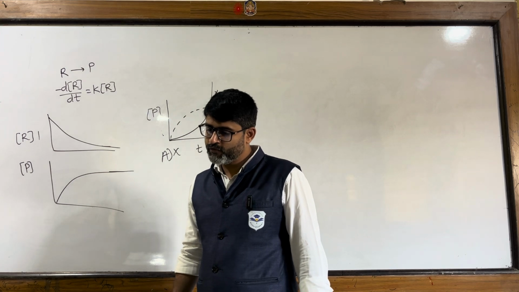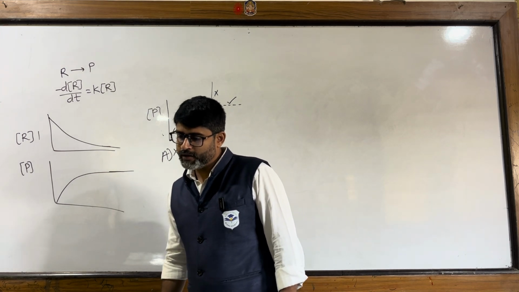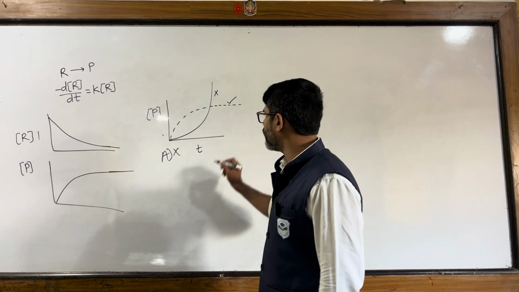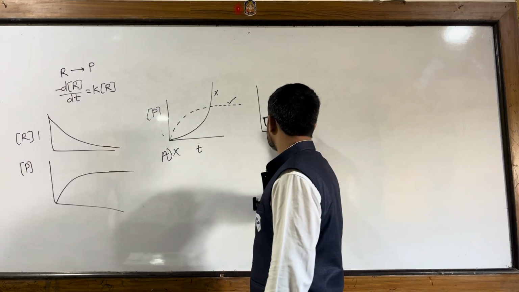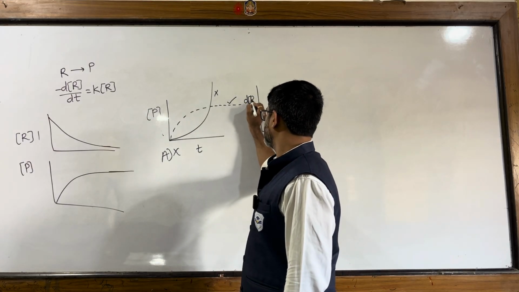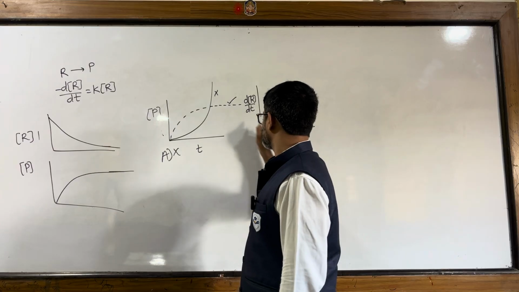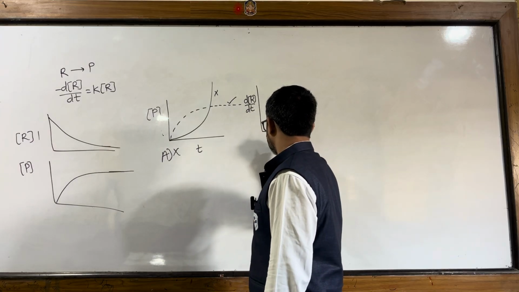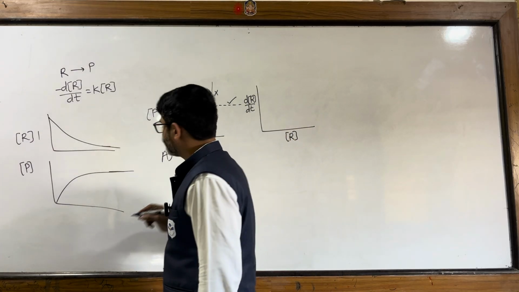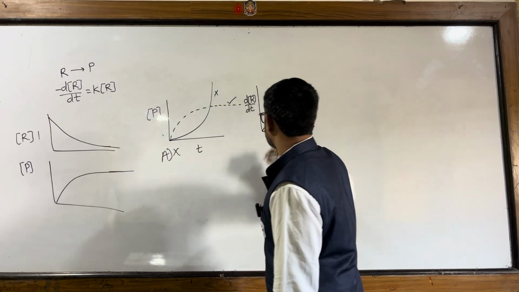Next, in option B we have d[R]/dt versus concentration of R graph. So the second graph is d[R]/dt versus concentration of R. This graph appears to be correct.